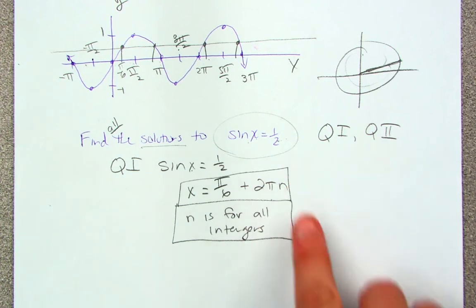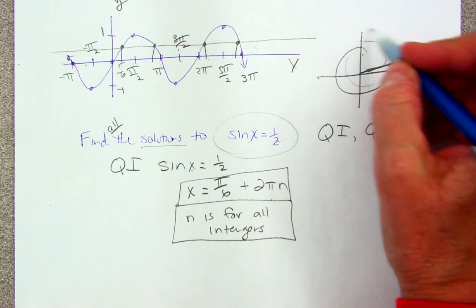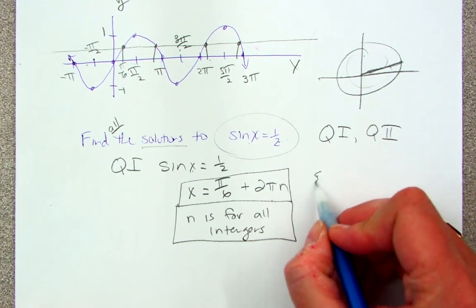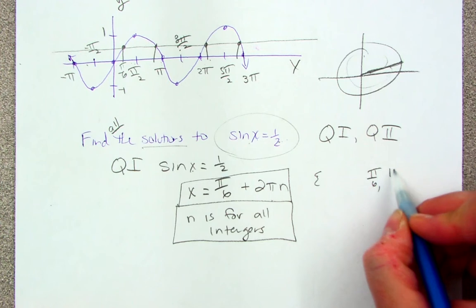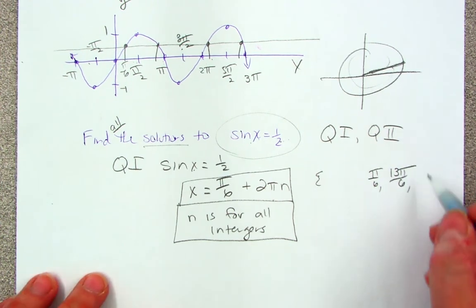When n is 1, that means 2 pi. 2 pi plus pi over 6, well, that makes sense, right? So that would be 13 pi over 6? Yeah. So if I'm supposed to list off my answers, I could start with pi over 6, then 13 pi over 6, then I add another 2 pi in, which is 12, right?